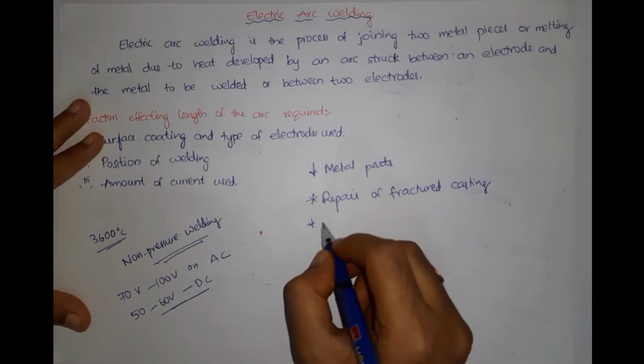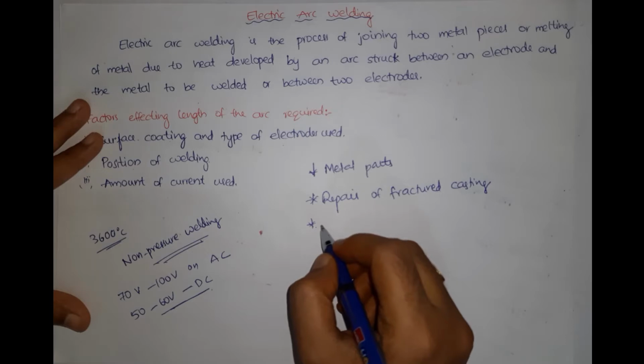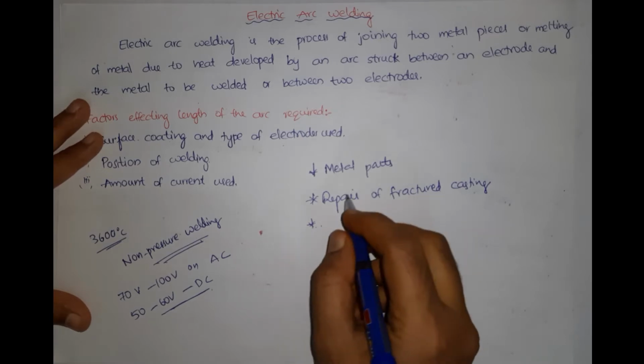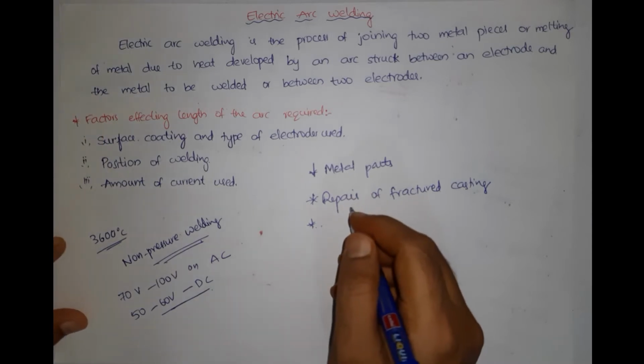If any parts of the metals are worn out, this kind of arc welding can also be used. It can also be used for removing any deposits on the metal pieces.